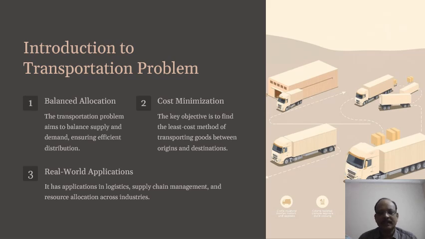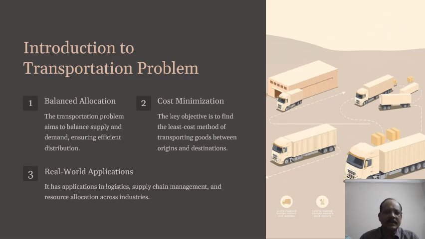If you denote the amount available at various origins as sigma ai, and the amount required at various destinations as sigma bj, and sigma ai equals sigma bj, that means total supply is equal to total demand. Then we simply call it a balanced transportation problem.